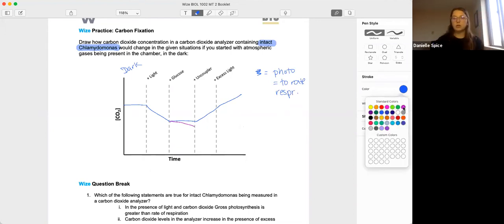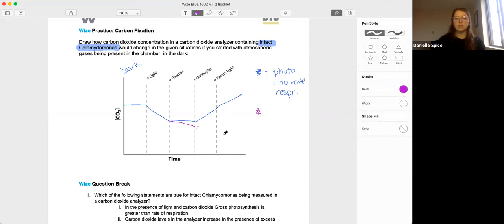But the purple, or the second line, this one right here, this would be if our rate of photosynthesis was greater than our rate of respiration. And so if our rate of photosynthesis is greater than our rate of respiration, then our CO2 concentrations are going to decrease still.